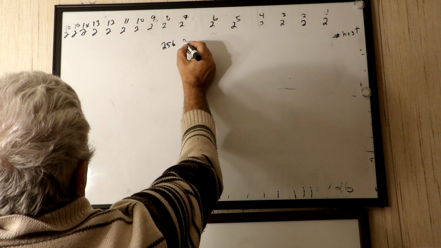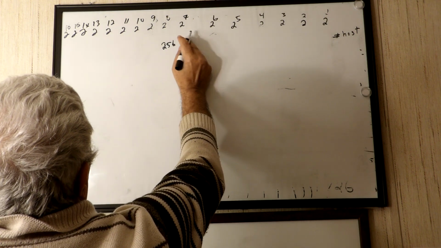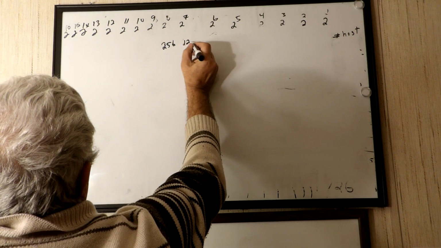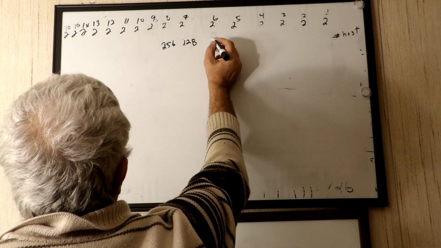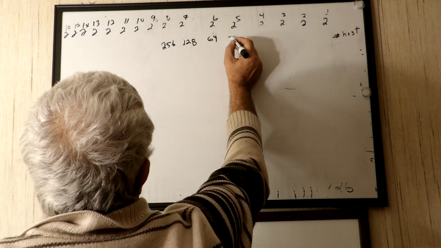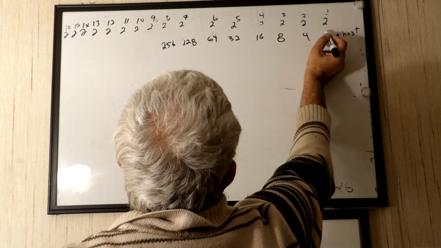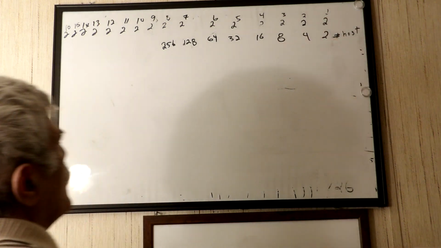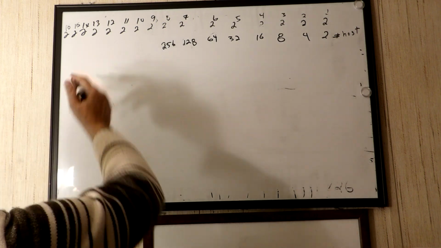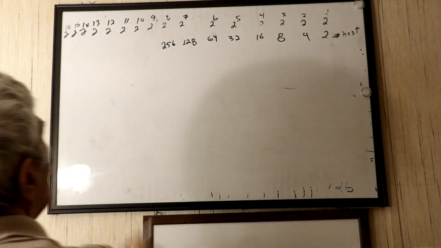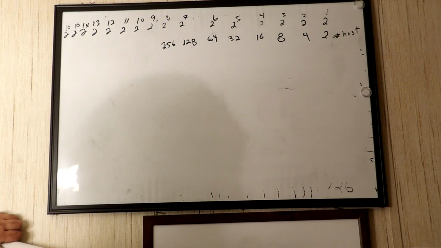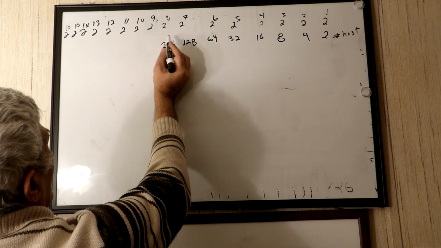See, this is 128, as you know, and this is 64, 32, 16, 8, 4, 2. 2 to the power of 1 is 2. And then you add 2 to the power of 9. Put it in the calculator.